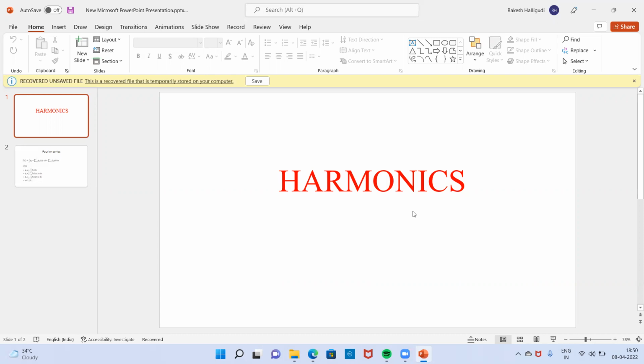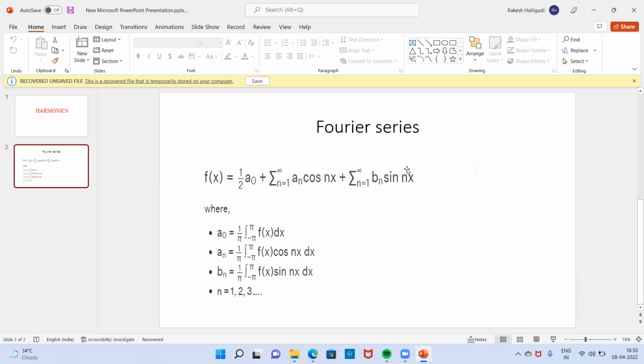Before understanding harmonics, we have to understand what is Fourier series. The Fourier series is given by this expression where f of x is any periodic function, and I have the terms a naught, an, and bn. The values of a naught, an, bn can be calculated using these equations.